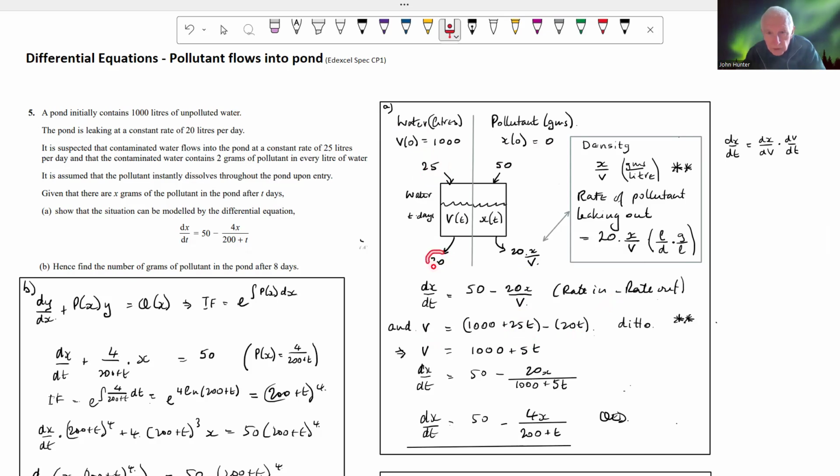The actual volume in the tank starts off as 1,000. We are adding in 25 every unit of time, so 25 times T, but then it's decreased by what's leaking out, which is 20 units of water per unit of time, so 20T. That gives us V equals 1,000 plus 5T.